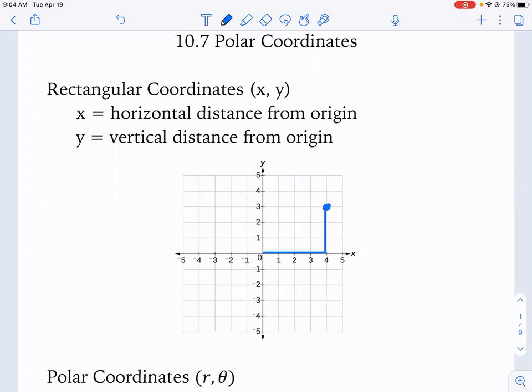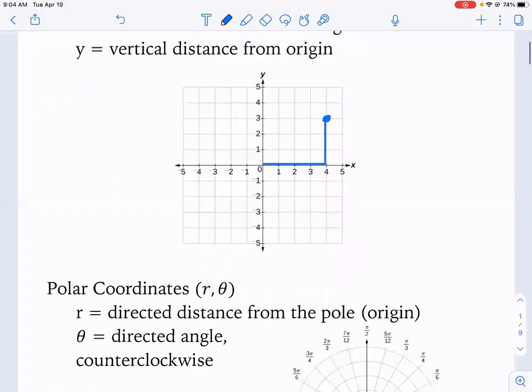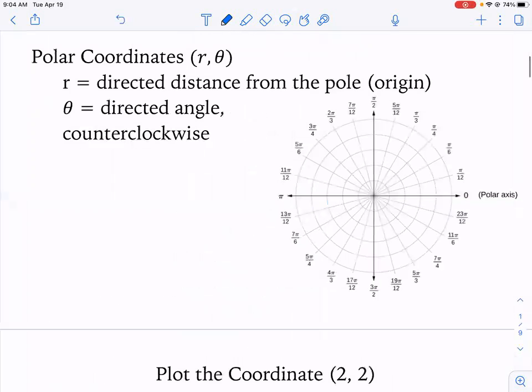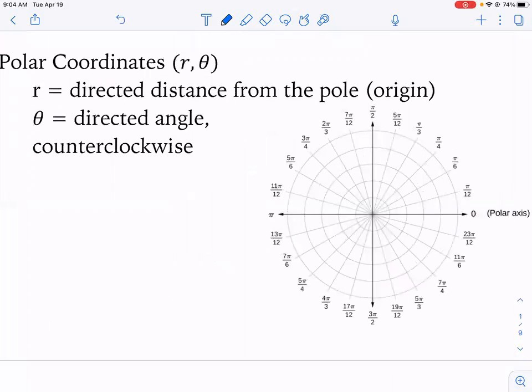Now, when we talk about polar coordinates, technically we could still use the X and Y axis, but we are going to use angles instead of right and left. So for a polar coordinate, notice how we have concentric circles.